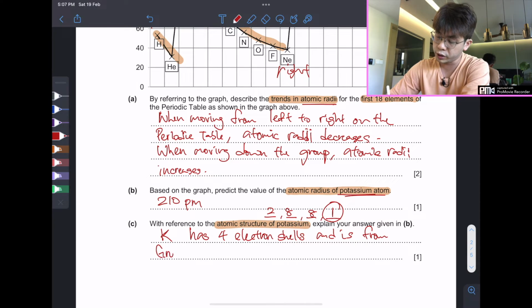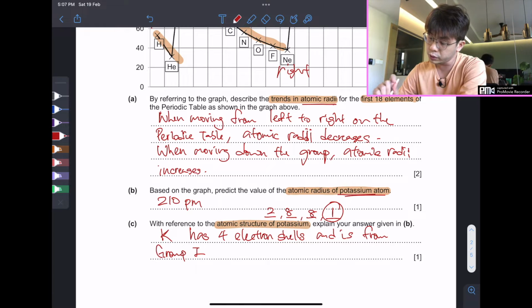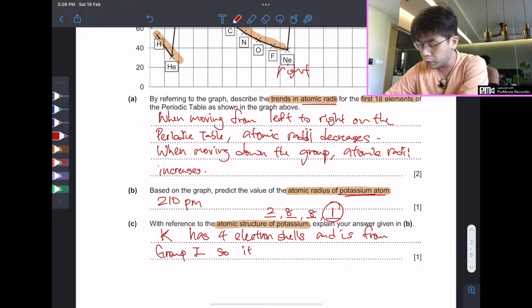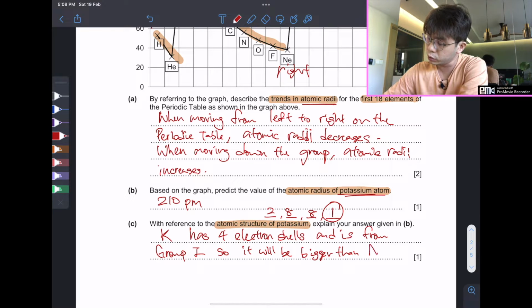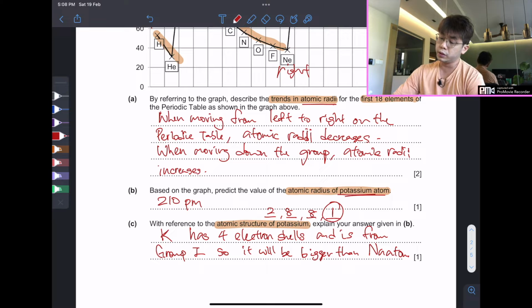So I know that I'm looking at the trend of group 1. So K has 4 electron shells and is from group 1. So it will be bigger than a sodium atom. Alright, so that's how we determine the size of potassium.